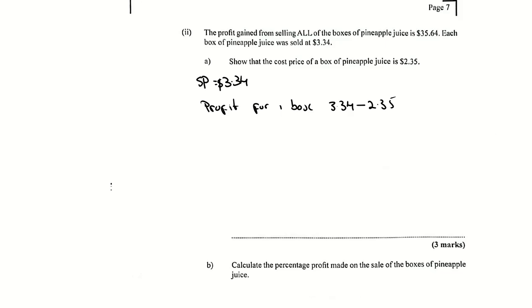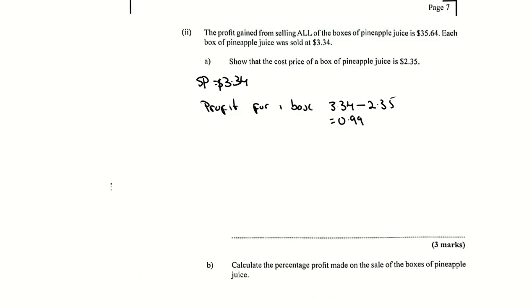Let's work: 3.34 minus 2.35 is equal to 99 cents. So your profit is 99 cents.